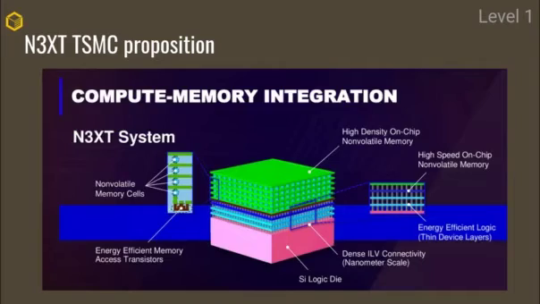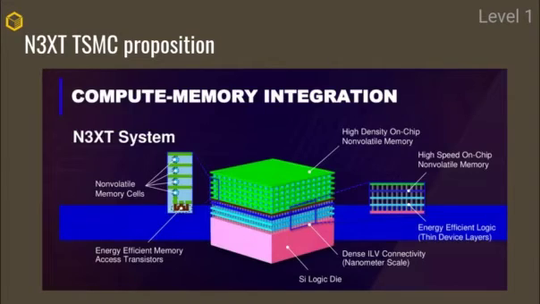So now let's take a step back from different memory cells and look a little bit at general 3D stacked memory. It's still quite early to identify a clear winner in this space, but today we'll be looking at a proposal made by TSMC, which they called Next.